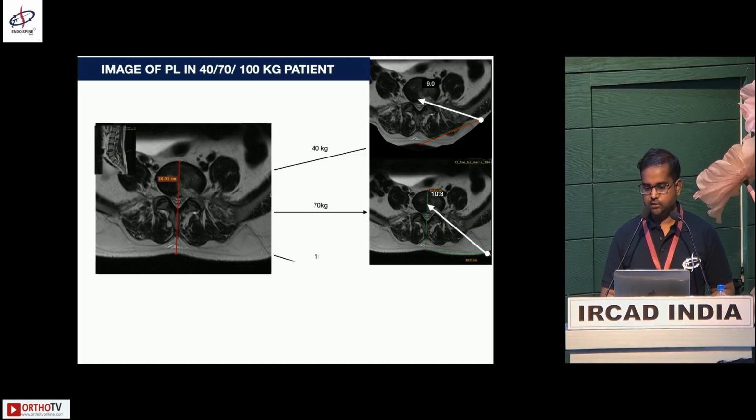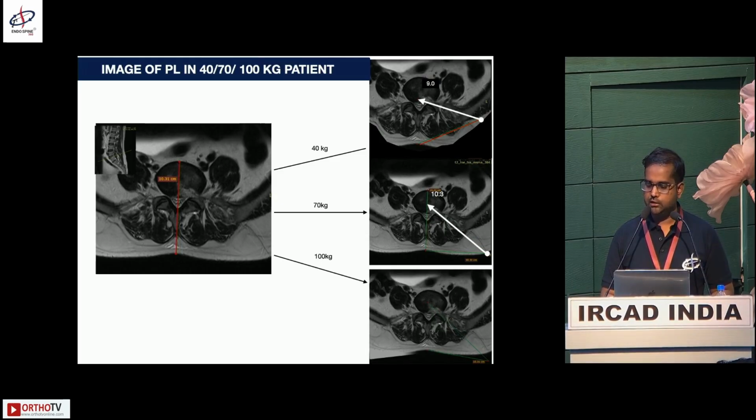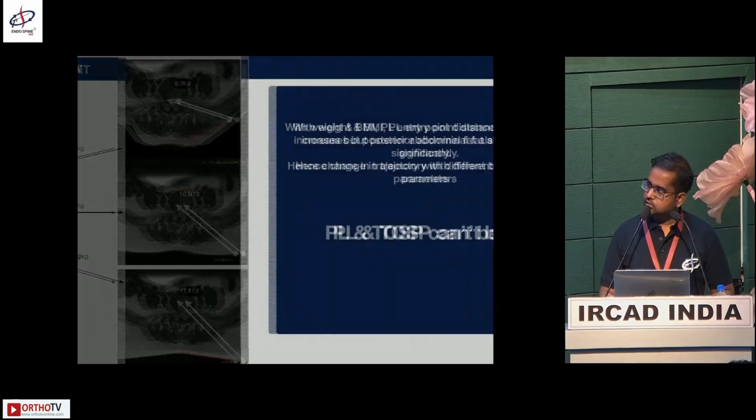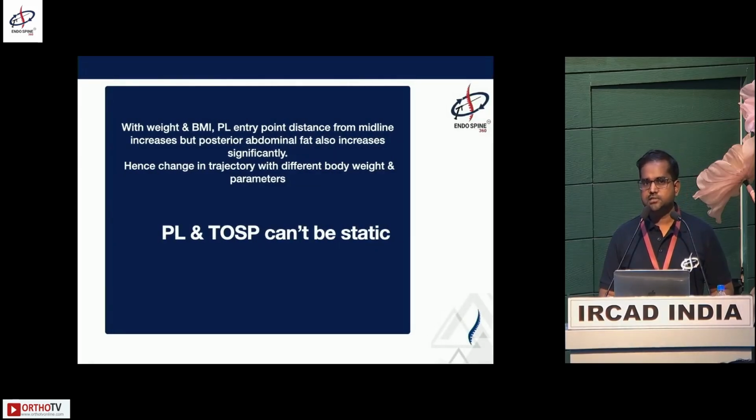And if the weight increases again to 100, the entry point increases to 11.7. So we can't have the same distance or 1 point entry for all the patients. Also the trajectory observed is changing, that is, the angle of the entry is also changing with the physical parameters.